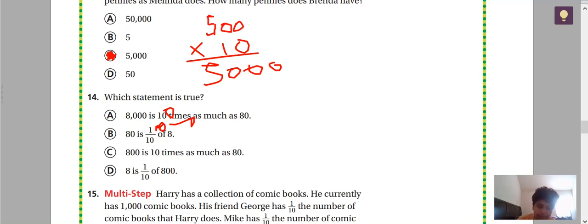Yes. This could be the answer. But let's make sure D is not right either. 8 is 1/10 of 800? No. 8 is 1/100th of 800. So the answer to this question is also C.